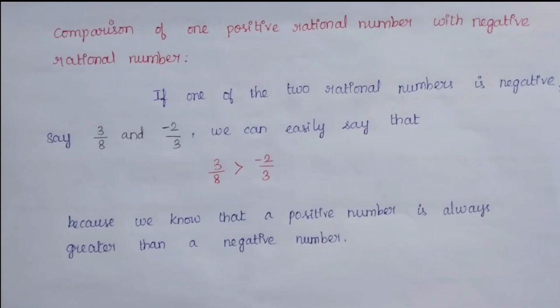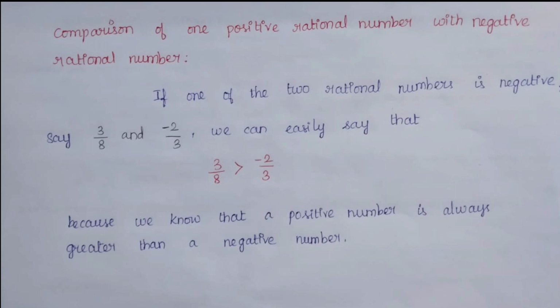Now we are going to see how to compare a positive rational number with a negative rational number. If one of the two rational numbers is negative, say 3 by 8 and minus 2 by 3, we can easily say that 3 by 8 is greater than minus 2 by 3. How? We know that a positive number is always greater than a negative number.